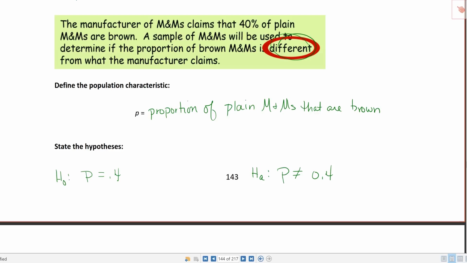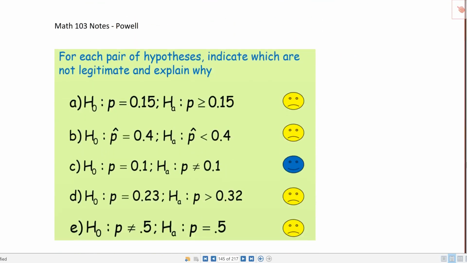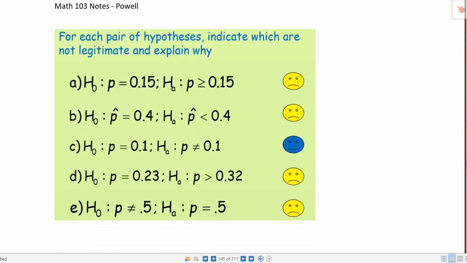So now, so that we are careful in how we write these, now that we've practiced writing a few, let's look and find errors in these. Go ahead and pause the video at this time and look at A through E and see if you can figure out where the error is.